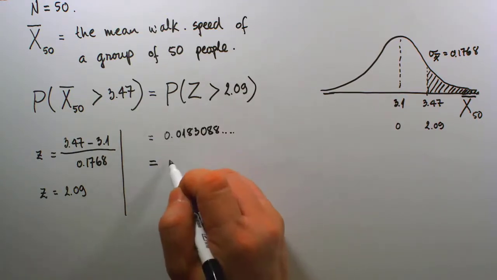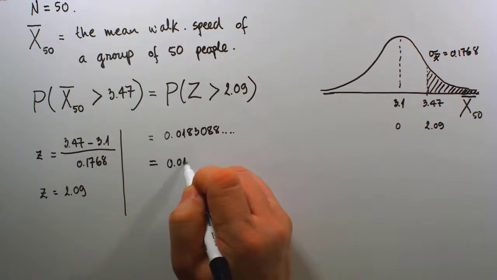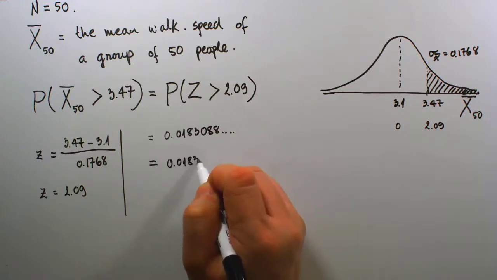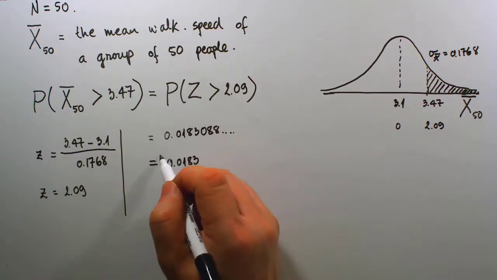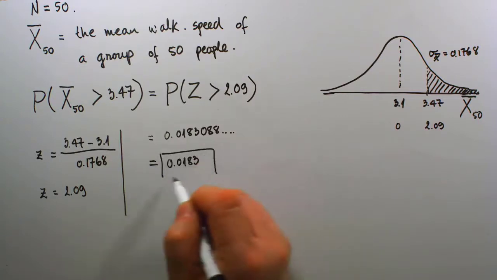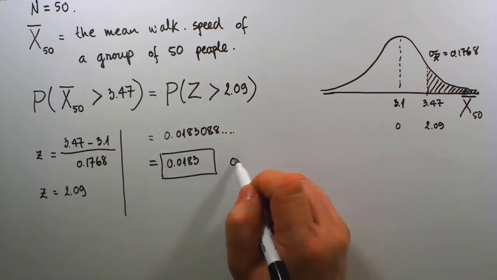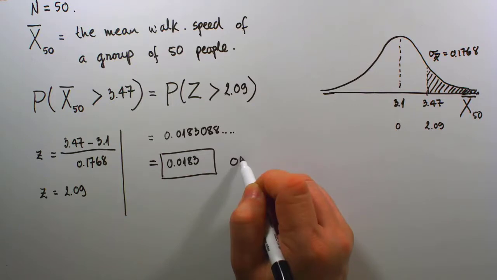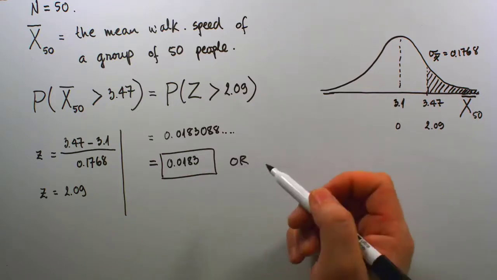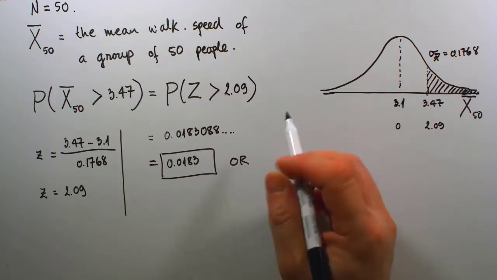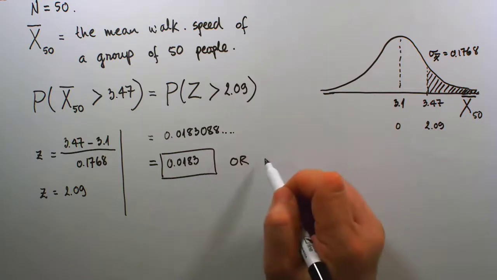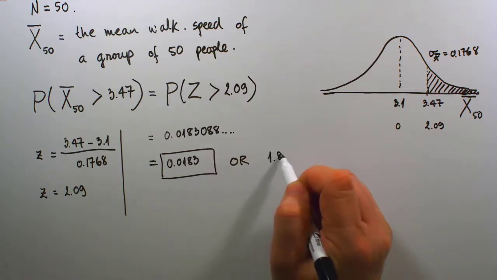And so 0.0183 is my final answer in 4 decimals. And in case your answer is required to be put in as a percentage, then this answer is equivalent to 1.83%.